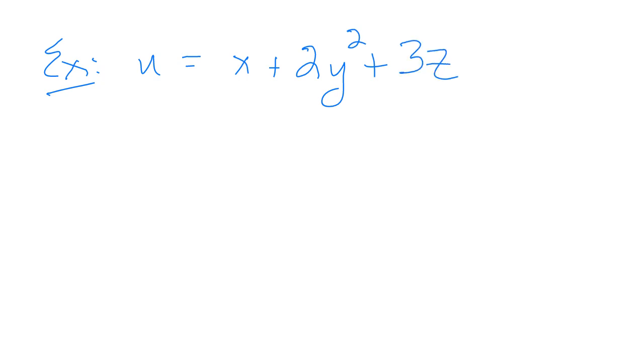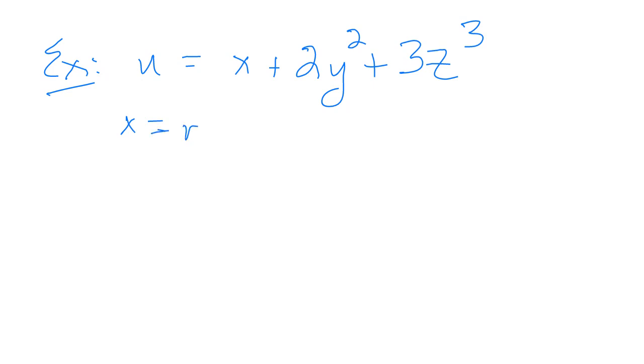So let me just make up my own example here and hope that it works out. Otherwise, we'll figure it out. So let's do u equals x plus 2y plus 2y squared plus 3z cubed. Let's just do something like this. And let's have x, y, and z all be defined in terms of r and s.